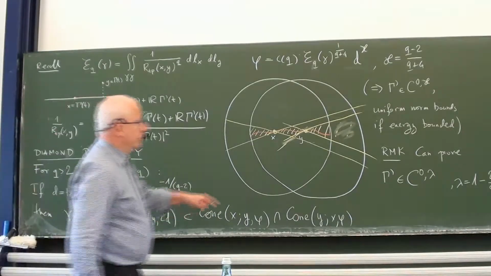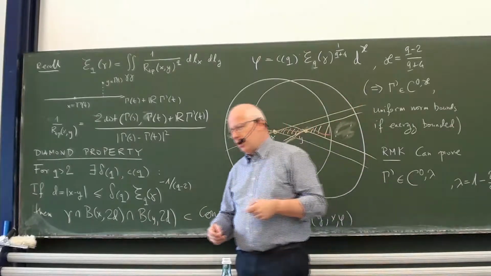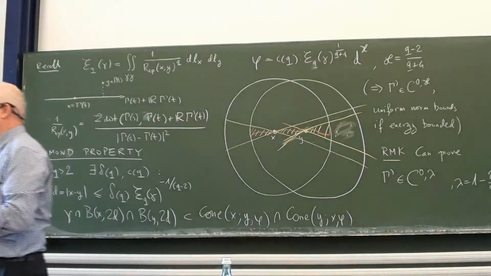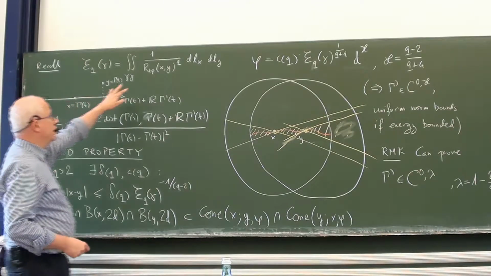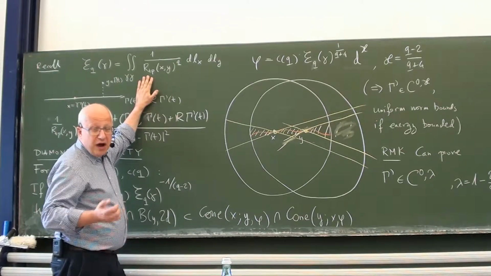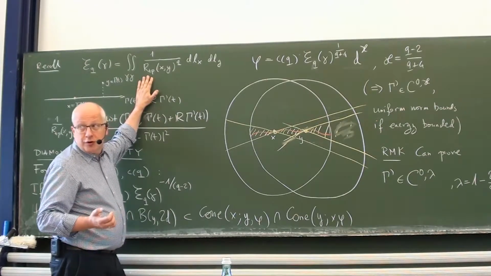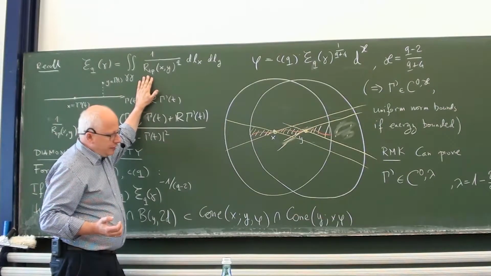And in order to get from here to here, you need to use more. Basically the idea is to use a technique from the calculus of variations or geometric measure theory called slicing. It tells you that if an integral is bounded, then the integrand has to be bounded on sets of large measure, because otherwise you would violate the energy bounds.